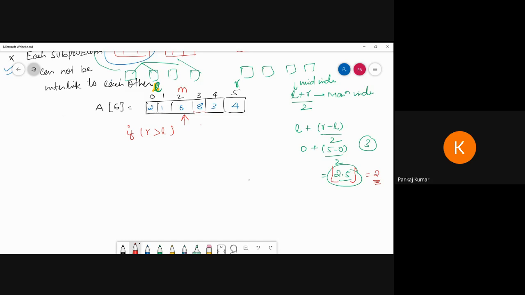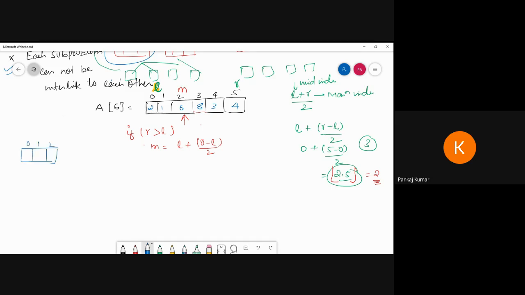If R is greater than L, then we calculate the middle element: M equals L plus (R minus L) divided by 2. Is it okay? Now after that I can call merge sort. My array will be divided like this.